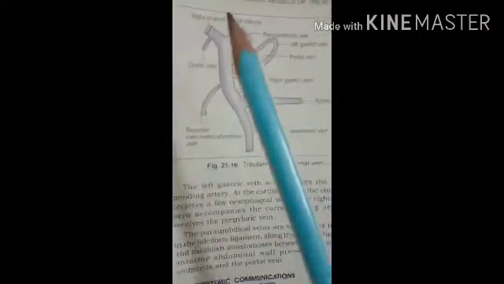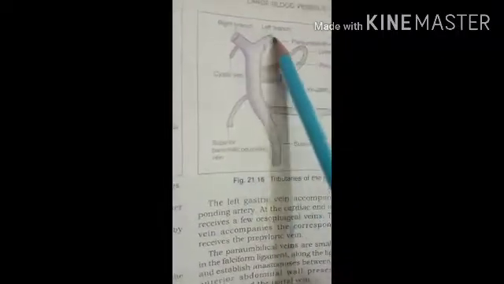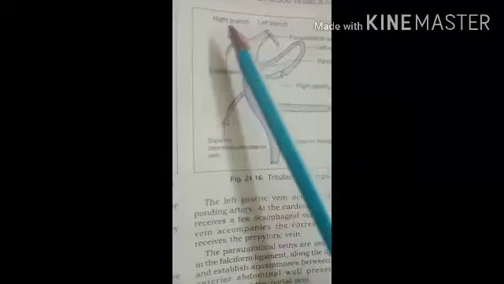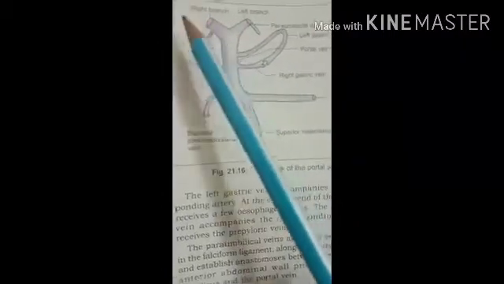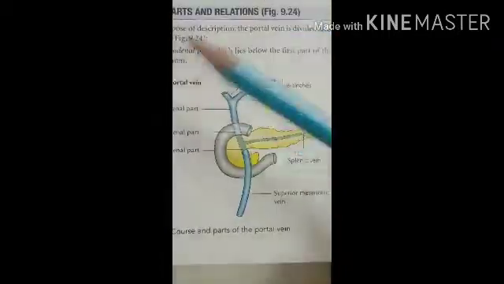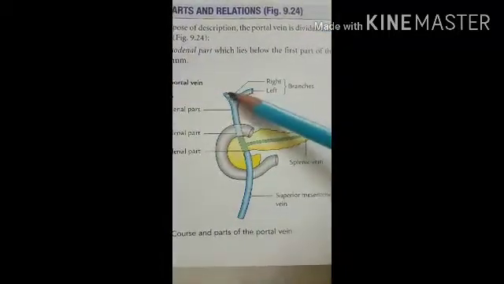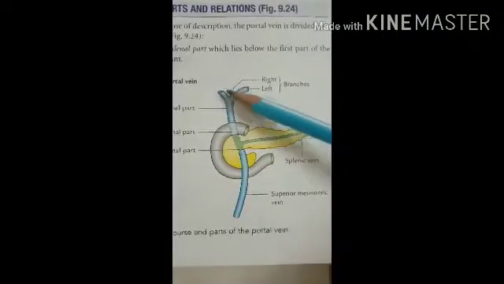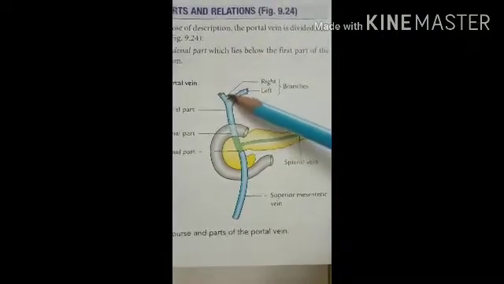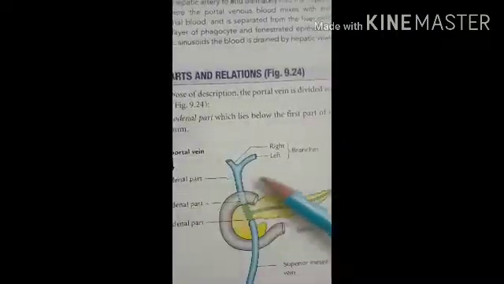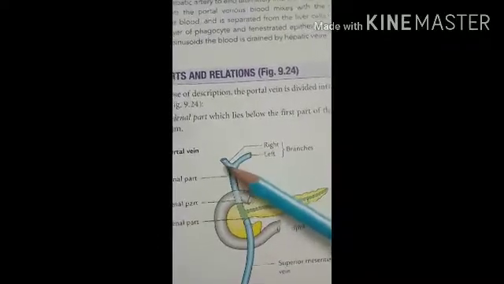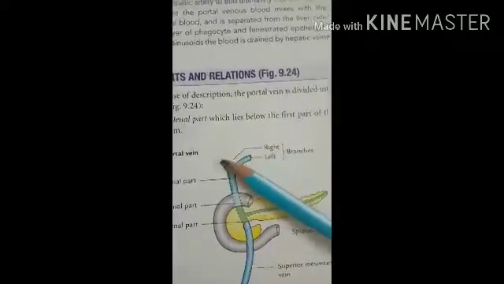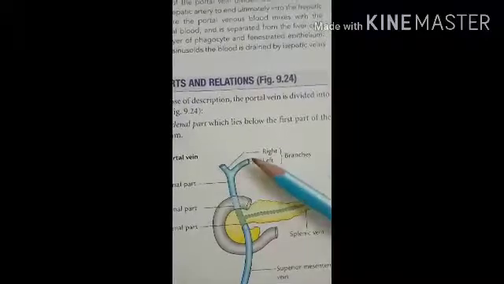Next, it is divided into 2 branches, which, like those of the hepatic artery, discharge their blood into the sinusoids of the liver. The right branch is shorter and wider and enters the right lobe of the liver after receiving the cystic vein.